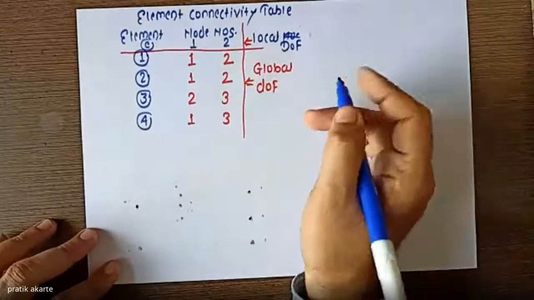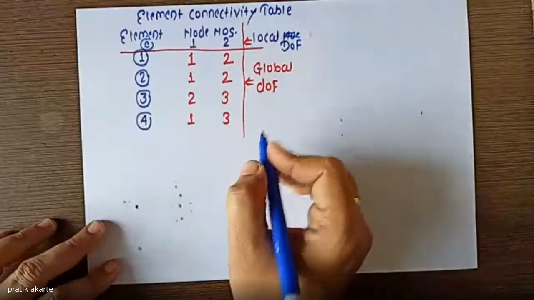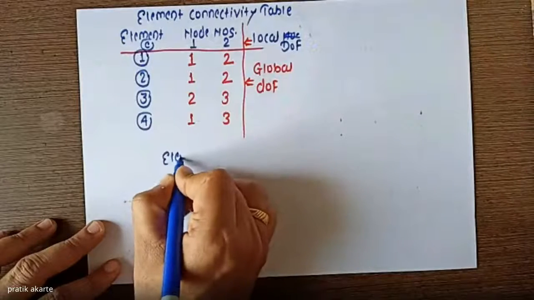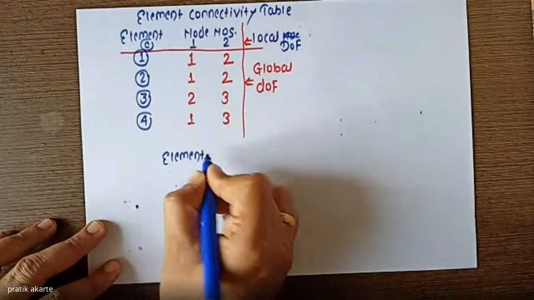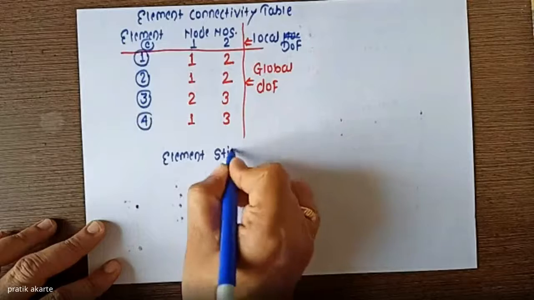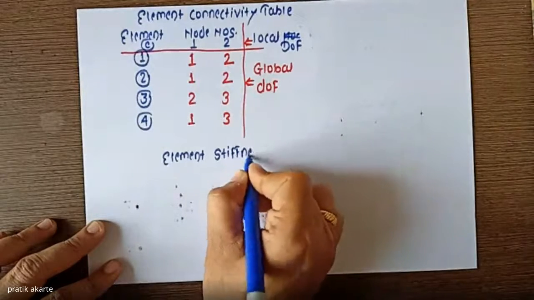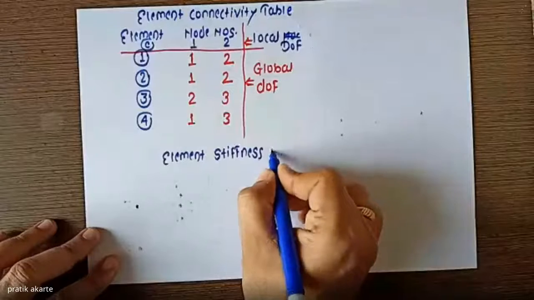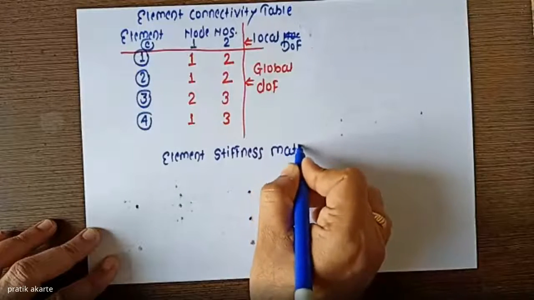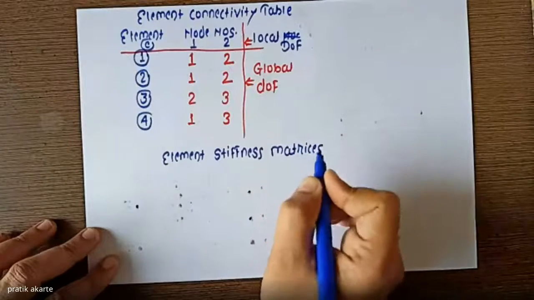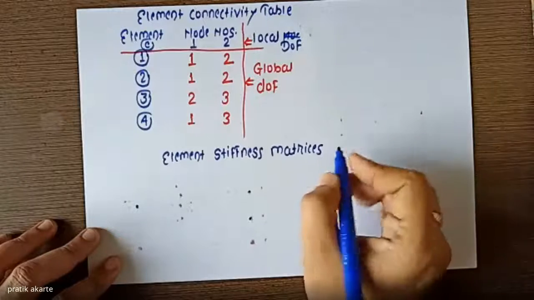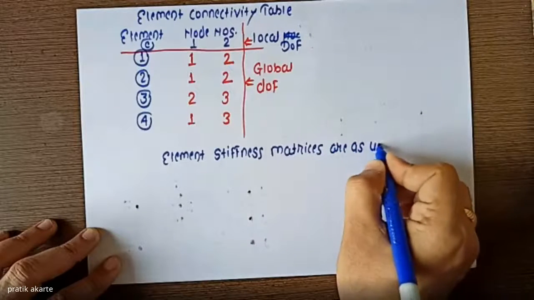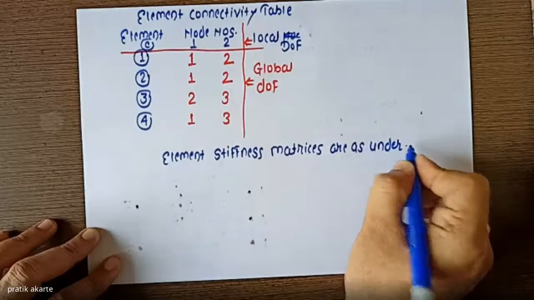The next task is to construct the element stiffness matrices. This is easy compared to the previous part because we need not find out the stiffnesses as we need to for the bar problem. Here the stiffnesses are given to us directly.